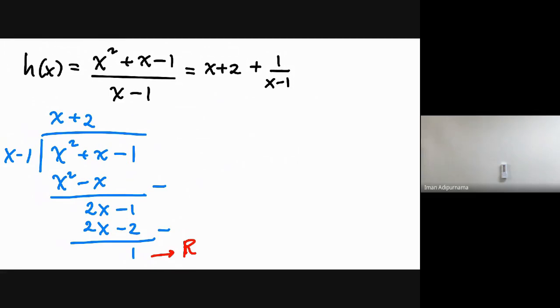So you can write the linear equation plus the remainder over the divisor, x minus 1. So in this case, this x plus 2 is our slant asymptote.